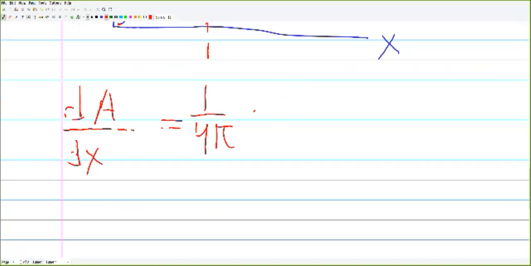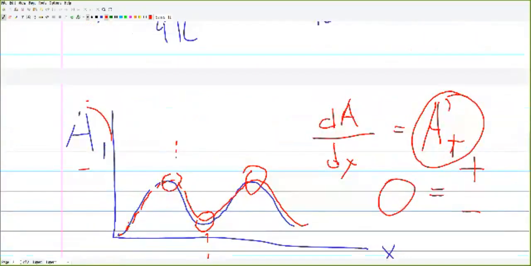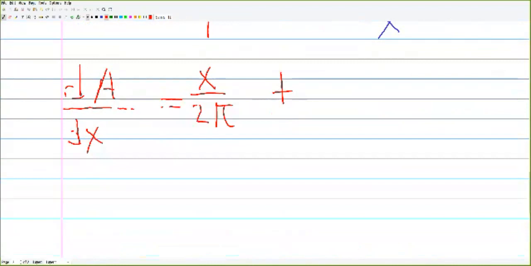So that's the same thing as 2x. Okay. And I multiply. I can even cut this with this. Now it's x over 2 pi. Okay. Plus. Now I have L minus x over 16.